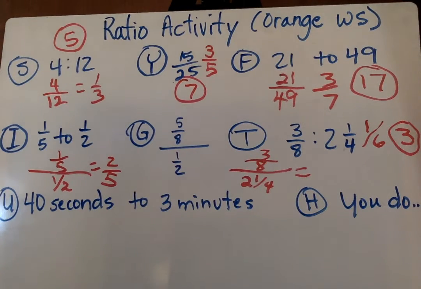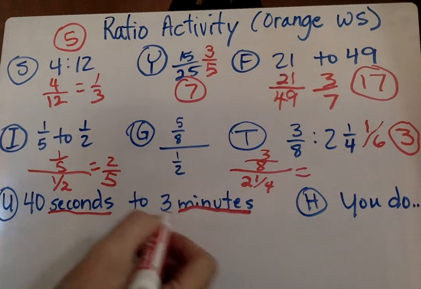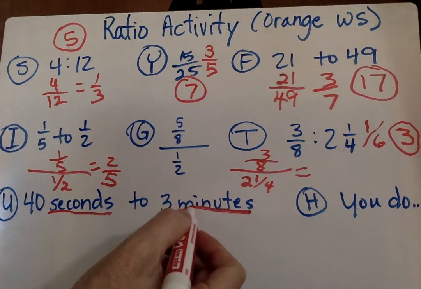Now this next part is a little bit tricky. And again, I'll let you do R, W, and L on your own, as well as G. I will go ahead and do U, 40 seconds to 3 minutes. If I write 40 seconds, I have to make sure they're the same units. So I'm going to change these 3 minutes to seconds.